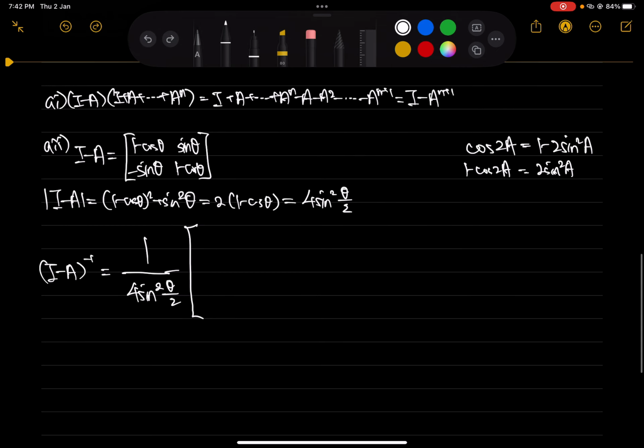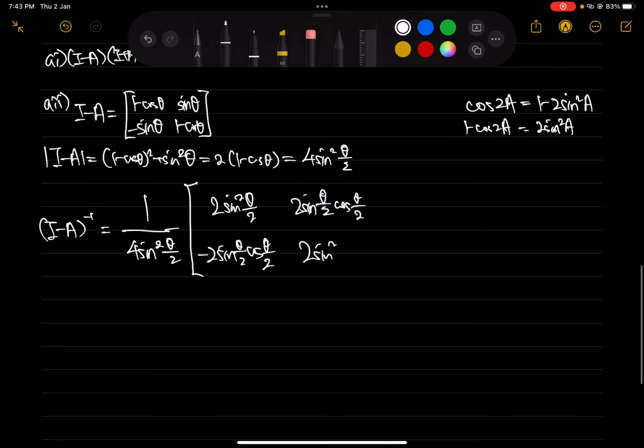So we have 2 sine squared theta over 2, negative 2 sine theta over 2 cosine theta over 2, 2 sine theta over 2 cosine theta over 2, 2 sine squared theta over 2, which is equal to, after getting rid of the numbers and some of the terms, we have 2 sine of theta over 2, 1.